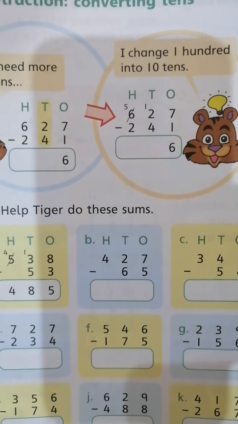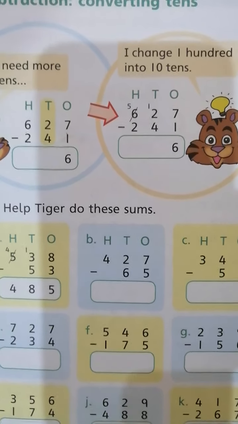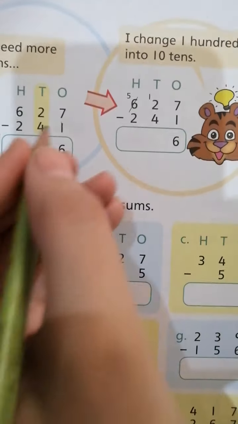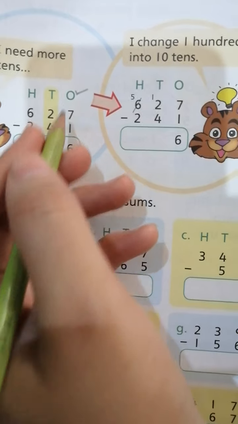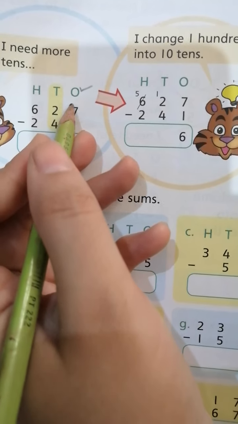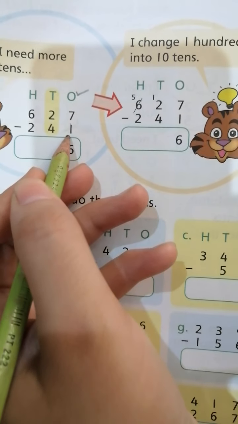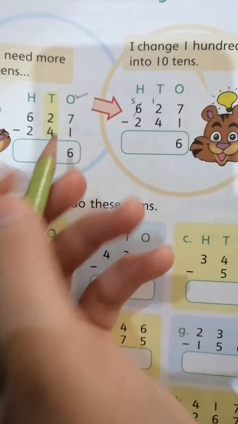Now as you know that we always start from the ones column, so let's start. We have 7 and 1 in the ones column. You can clearly see that 7 is greater than 1, so we can subtract 1 from 7. So let's subtract.